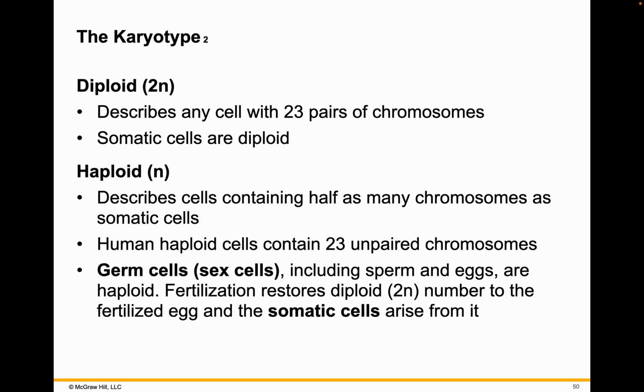Human haploid cells would contain 23 unpaired chromosomes, and they would be the sex cells, the germ cells, sperm and eggs. When you put a sperm and an egg together, 2 haploid cells gives you the diploid number of chromosomes. And from that fertilized egg, you will get a somatic cell. And that somatic cell can undergo mitosis to become an organism.